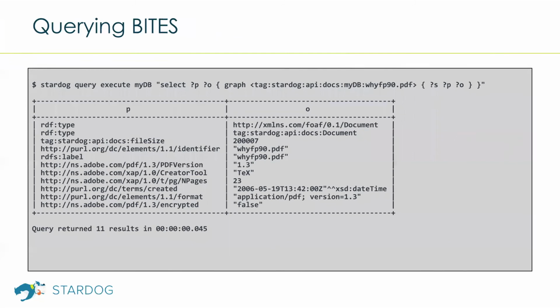We get back that tag, and we query that as a named graph. And we should just see SPO. So this is all of the metadata that was stored about that document the instant we loaded it in, including it's a typed document, you have the file size, label, PDF version, all that good stuff. Anything that it could find in the metadata, you can then query.